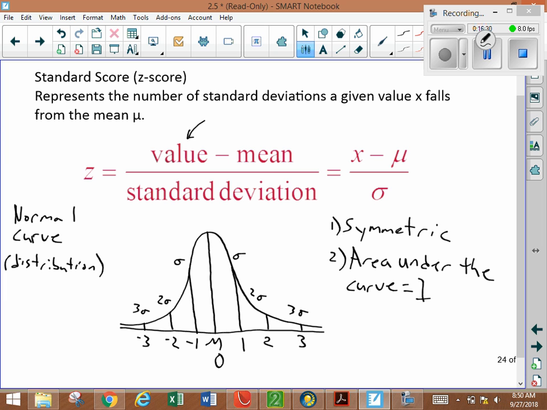When you calculate this, the mean and standard deviation will be given. You're going to be given an x value, and you just have to interpret what this z means. So if I got a z of positive 1.5, I would say that whatever value I plugged in there is 1.5 standard deviations above the mean. And we're going to look at an example of that, okay? That's what we're doing with this picture.